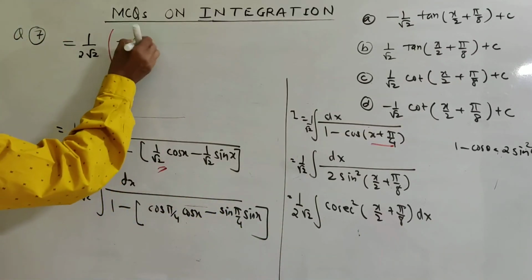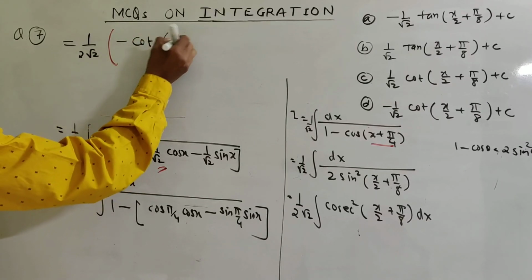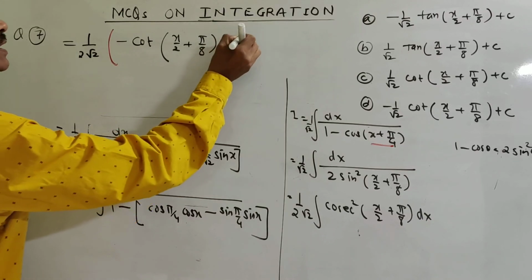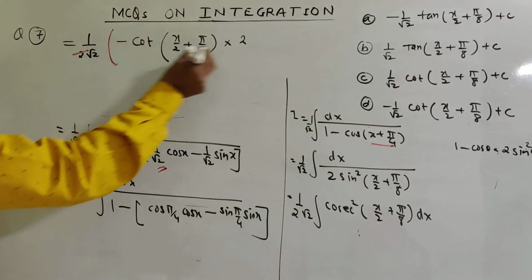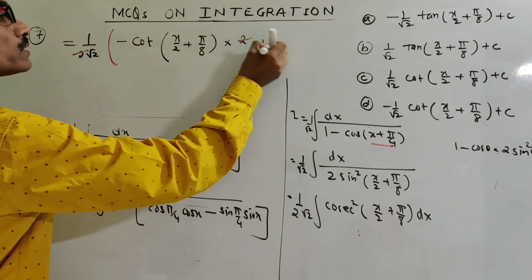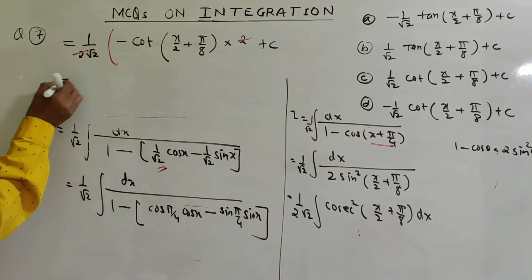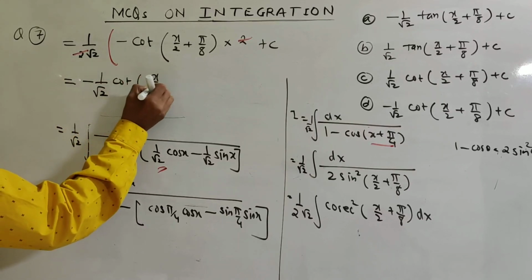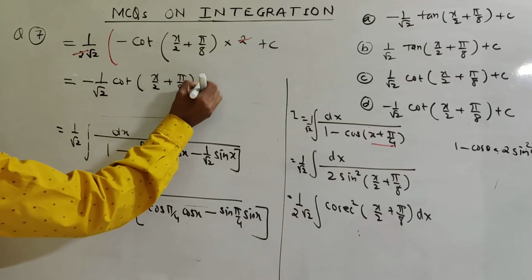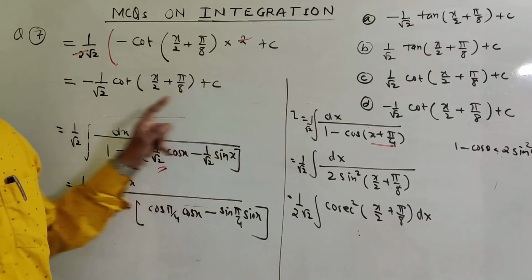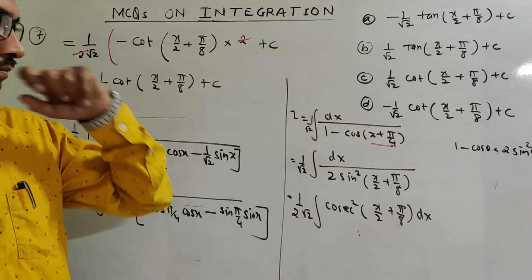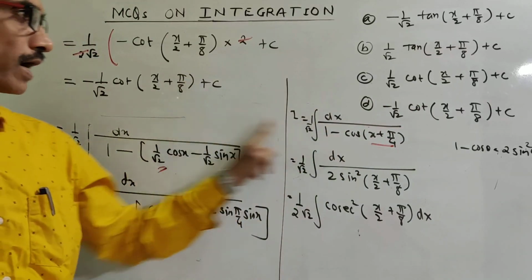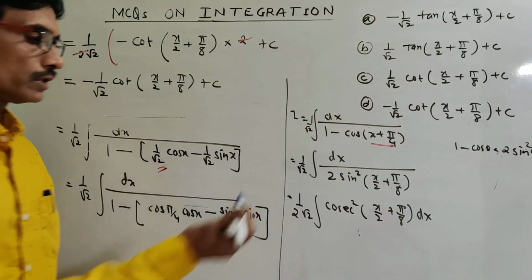Minus cot of x by 2 plus pi by 8 divided by 1 by 2, which is multiplied by 2, and these two will get cancelled over here, plus c. So it is minus 1 upon root 2 cot of x by 2 plus pi by 8 plus c. So D option is there.